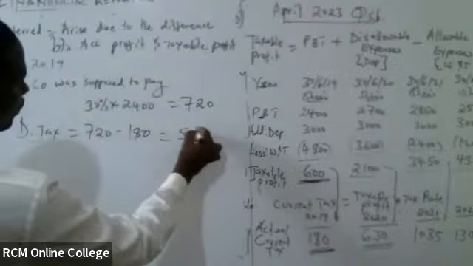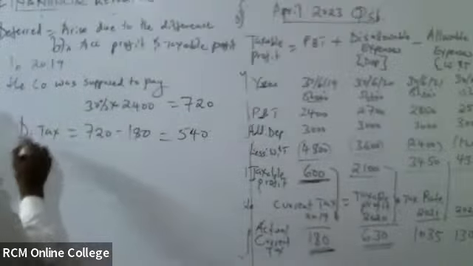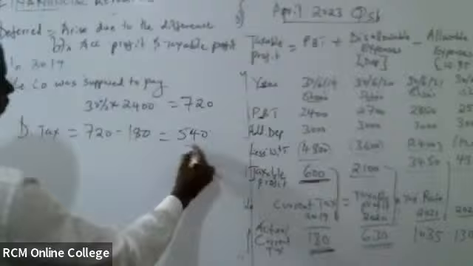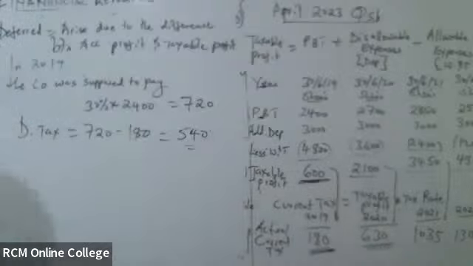So in the year 2019, deferred tax will be 540.